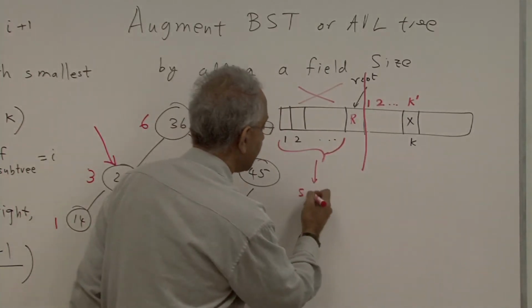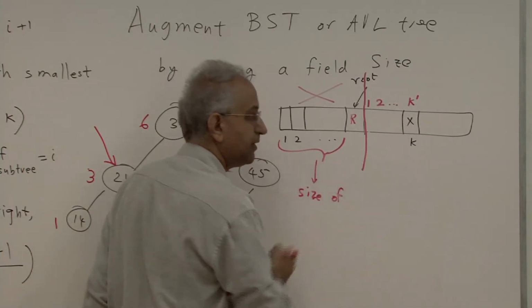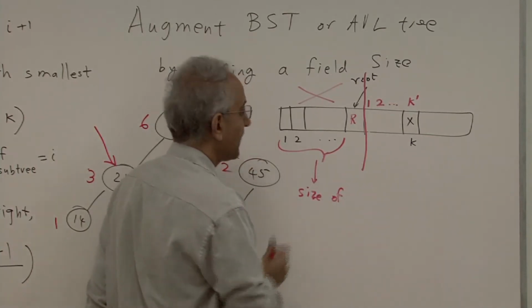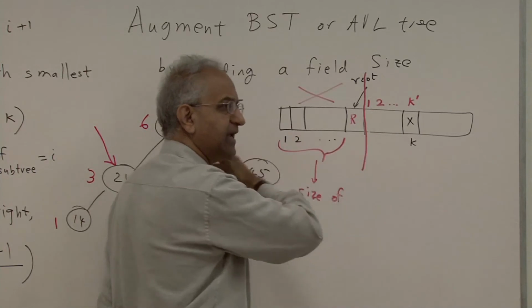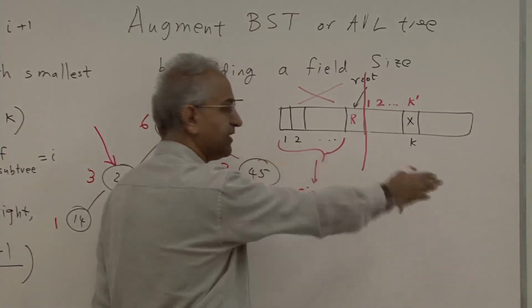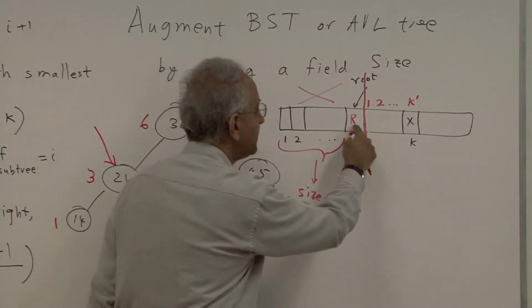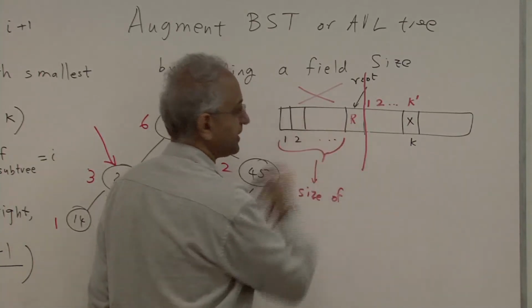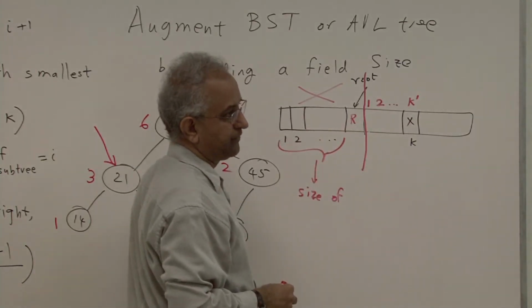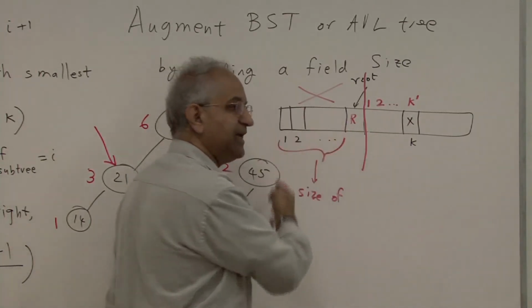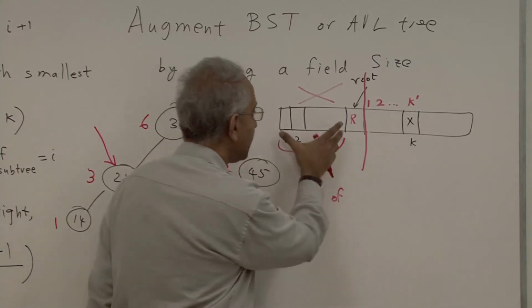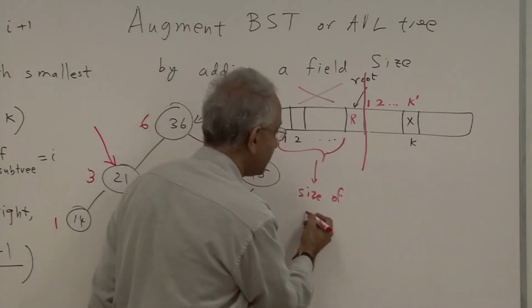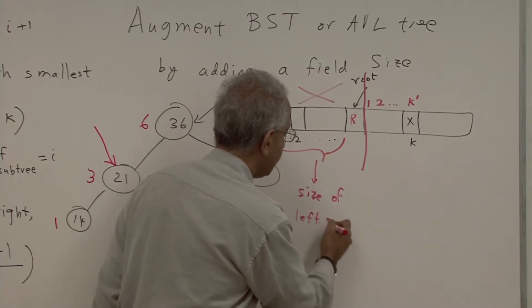If I take all the keys in the tree and put them in sorted order, what are all these keys? These are all the keys in the left subtree. Therefore, the number of keys here is the size of the left subtree.